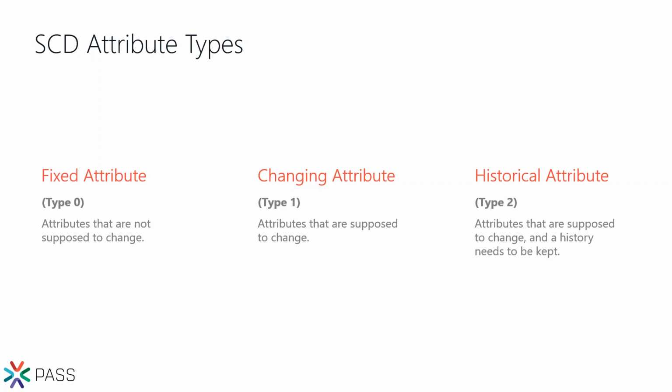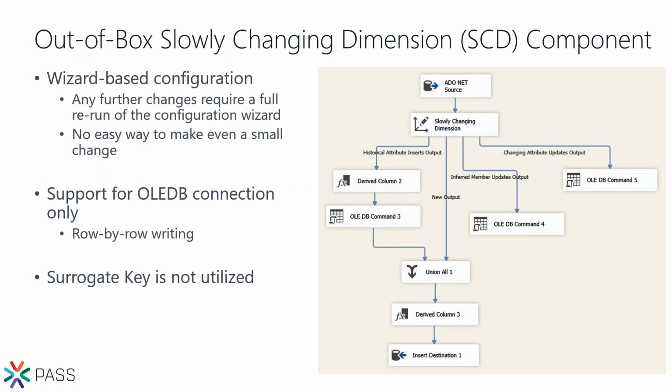We're going to talk about it later in the demo, but this gives you a general picture of what kind of change you should expect in your data warehouse project.